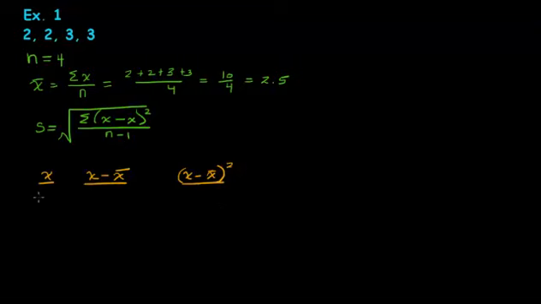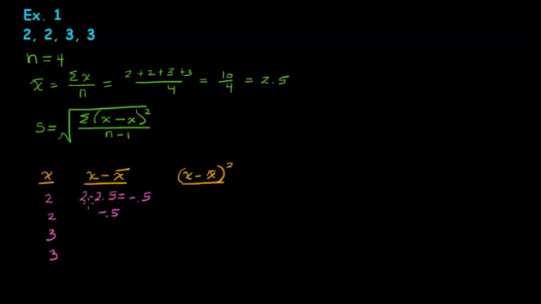Okay, our individual values were 2, 2, 3, and 3. So 2 minus 2.5 is negative 0.5, right? And of course this would be the same, so I'll just write negative 0.5.